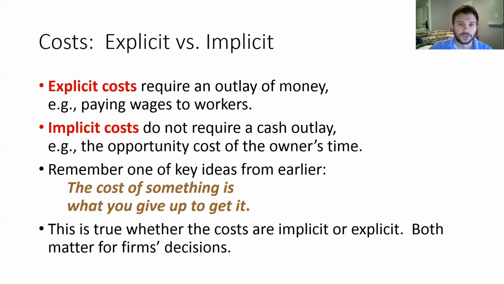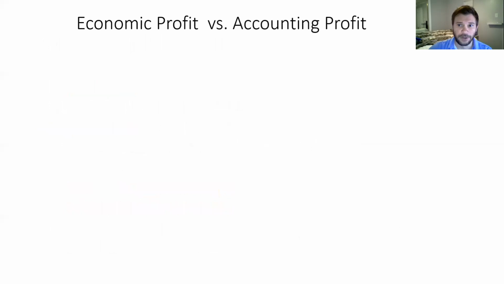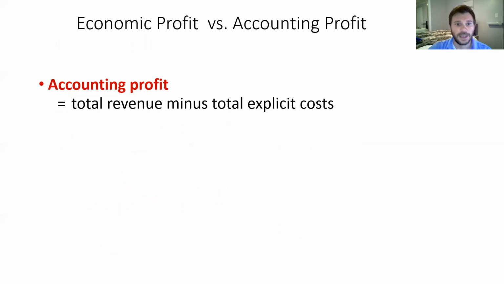Now, this is relevant when we think about calculating profit because typically, from an accountant's perspective, we do not really look at implicit costs because they're hard to measure. An accountant can measure the amount of sales pretty easily, so they can calculate total revenues. And they can also measure your explicit cash outlays fairly easily as well.